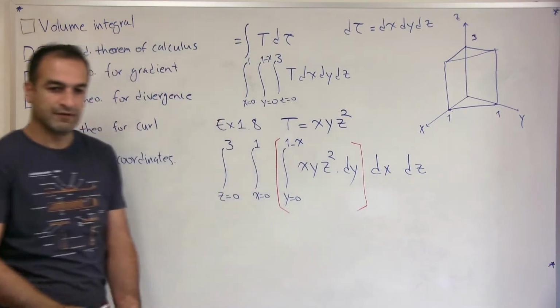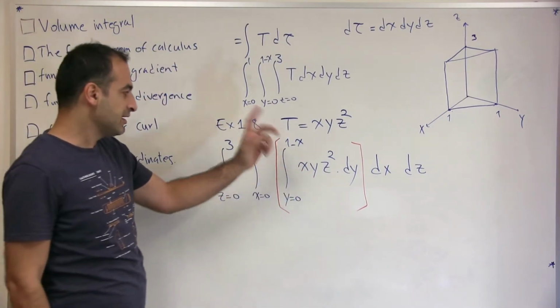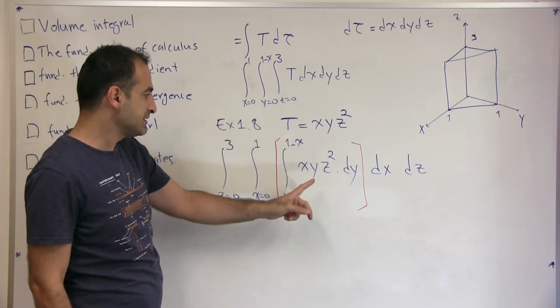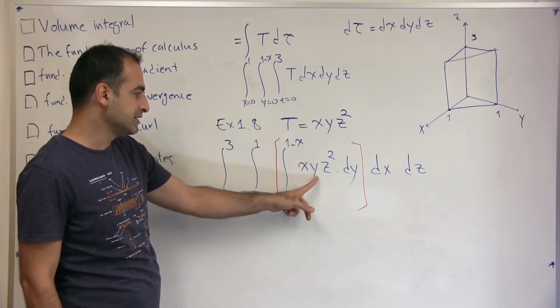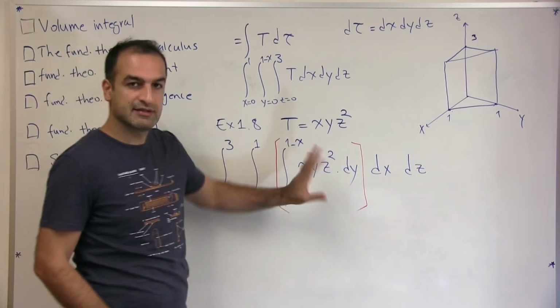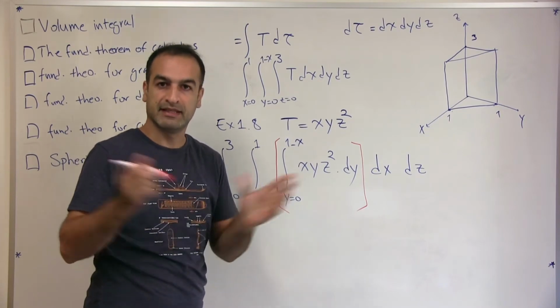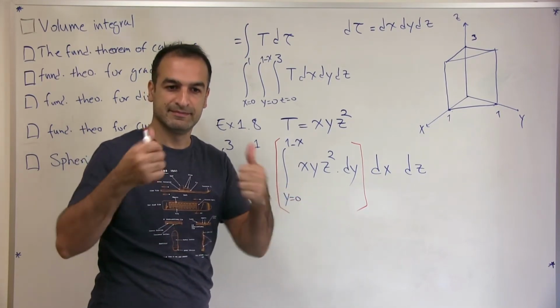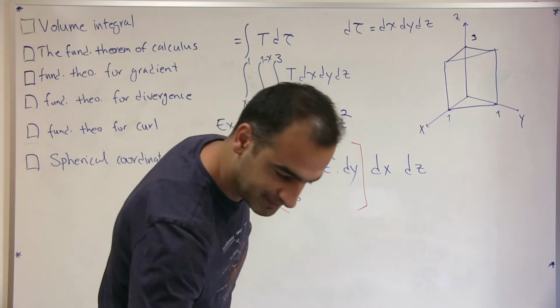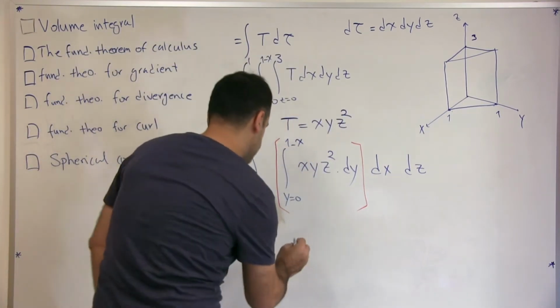If you look at the shape inside the integral, you can imagine x is constant, z is constant, and we are integrating over y with these limits. So this is now a simple one-dimensional integral. Make sense? Yes? Okay, so what is the result of this integral?